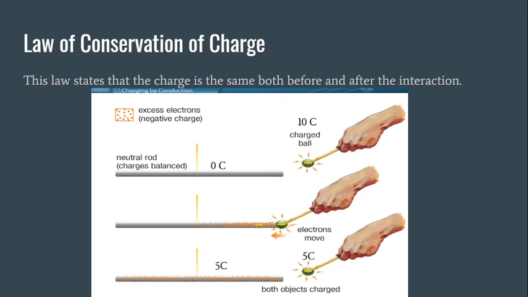Before it was 0 plus 10, which is 10, and then after it was 5 plus 5, which is 10. And so that is the law of conservation of charge, and it's very important to see that there. It's a pretty simple concept when it's laid out like this, so you may want to pause and think about it, or maybe watch this section over again if you didn't get it for sure.